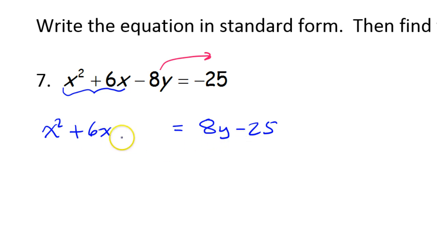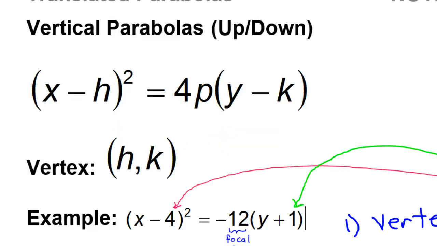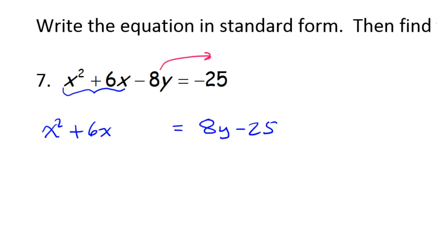Now I'm going to complete the square to get the parentheses that I need. So I complete the square by doing half the middle squared. Half of 6 is 3. 3 squared is 9. So I'm going to put a plus 9 right here.